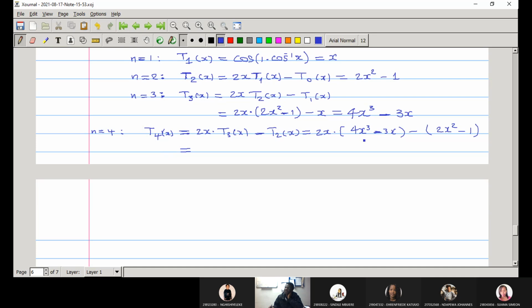Okay, now if you expand this, you can see that this will be 8x^4, right? Now, this will be negative 6 minus that one is negative 8x squared, right? That's negative. The last one will be plus 1.